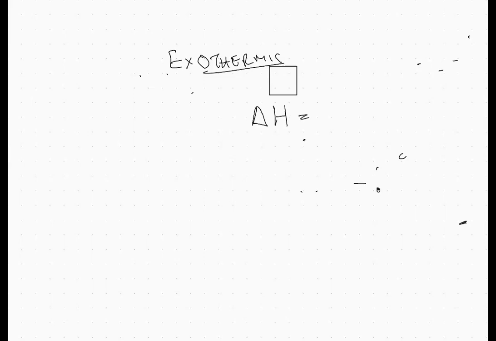Okay, an exothermic reaction. So the question is about what is an exothermic reaction? It is when the heat is released. Whenever there's an exothermic reaction, this delta H, which is enthalpy, is a negative value. Negative. How do you get that?